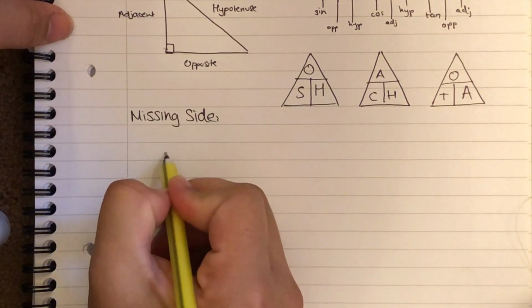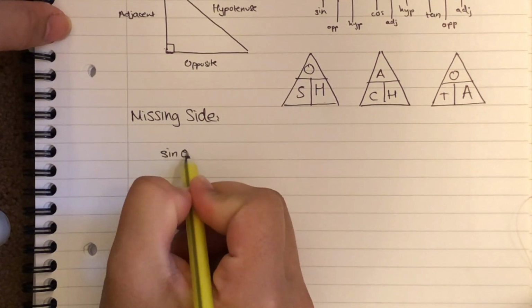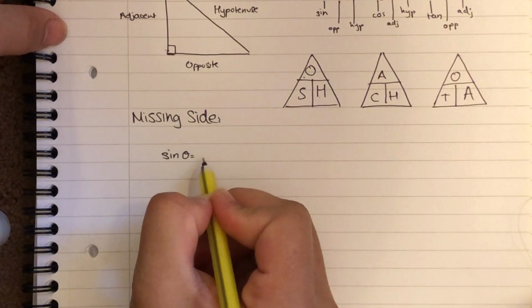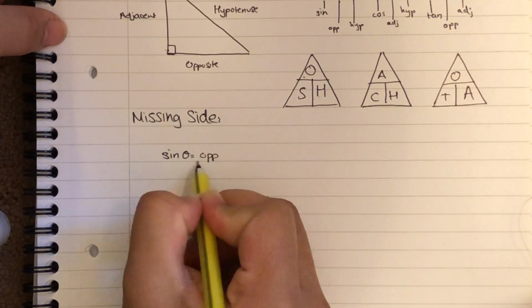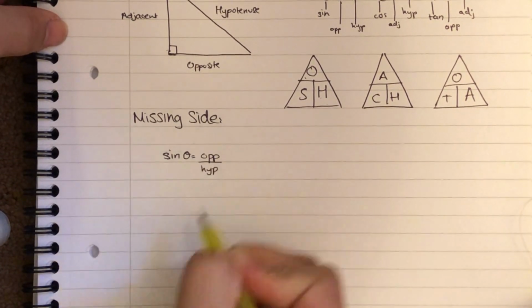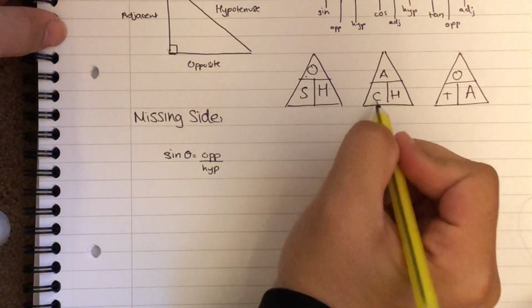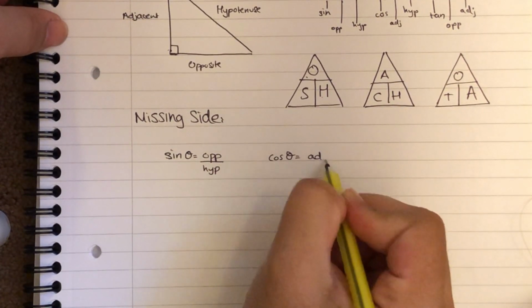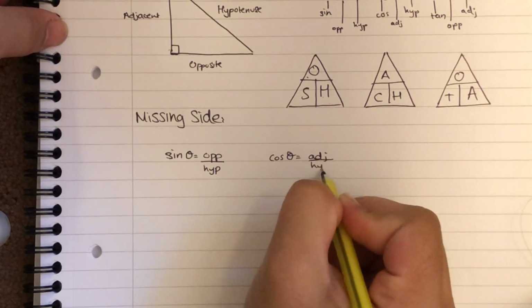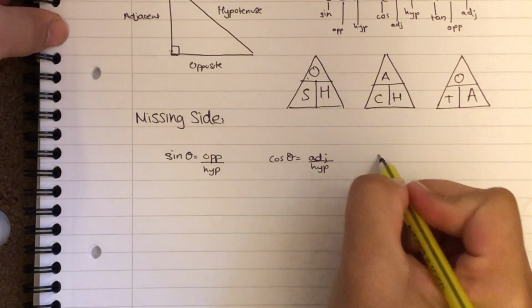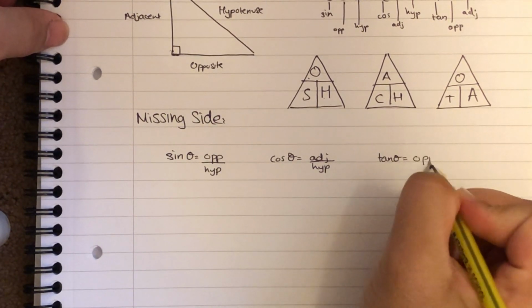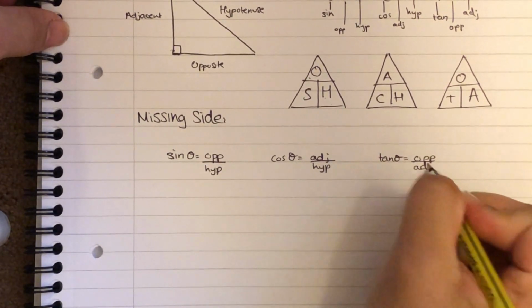So for the first one, sine theta is equal to opposite divided by hypotenuse. This one will be cos theta is equal to adjacent divided by hypotenuse. This one will be tan theta equals opposite divided by adjacent.